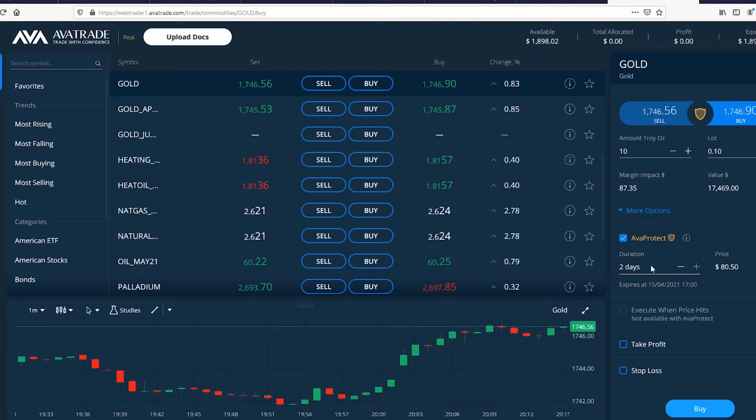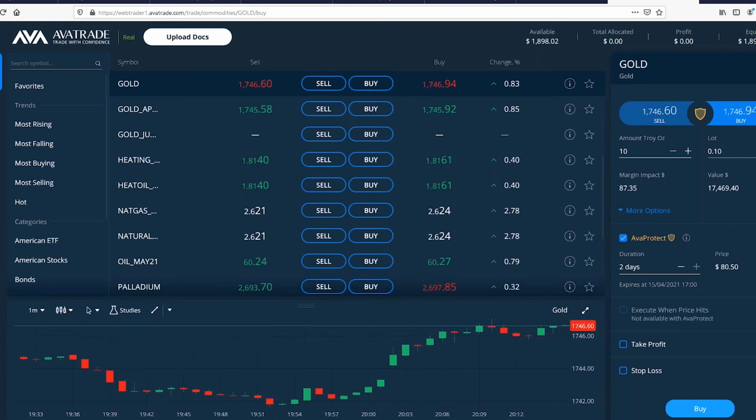And so for 2 days protection with 10 ounces, I only need what, $8 rise per ounce on gold, and I make back the cost of the protection. And if gold bombs $100 an ounce the wrong way, I don't lose anything during this 2 days because I'm protected for, in this case, $80.50.